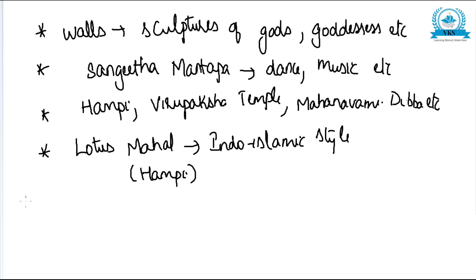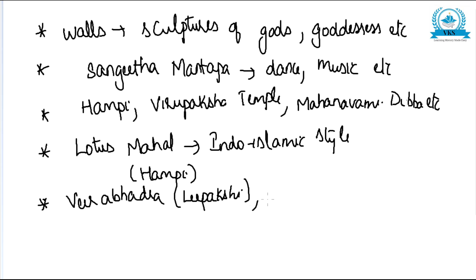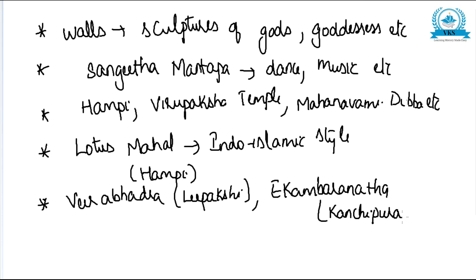There are many other important temples made during Vijayanagara time, that is Veerabhadra temple at Lepakshi, then Ekambaranatha temple which is made at Kanchipuram. All these are examples of the temples made during Vijayanagara time or in the Vijayanagara style.